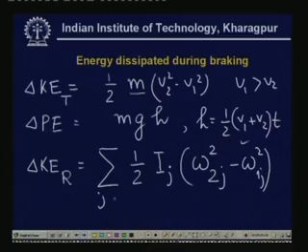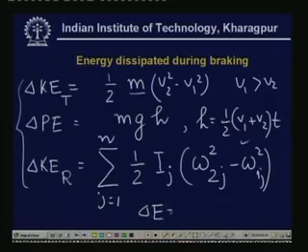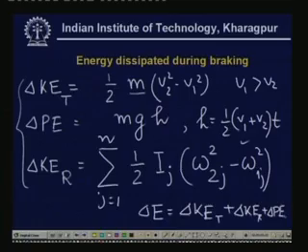So, we have to sum 1 to n, suppose there are n such components. So, this is the overall change in the energy, that is, overall change delta E will be delta KET plus delta KER plus delta PE.